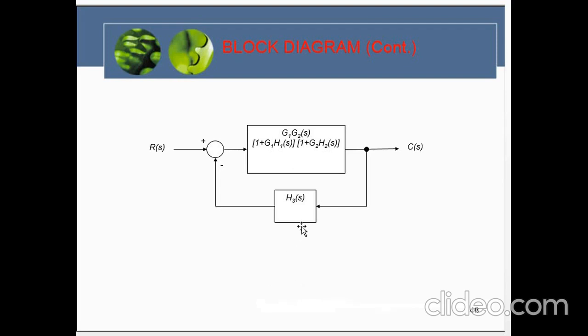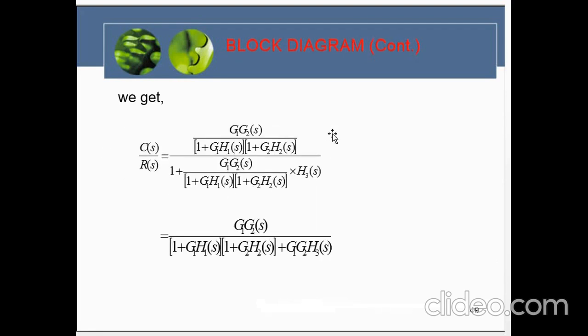Okay, it is the formula, and if we substitute, it is forward gain over 1 plus forward gain multiplied by feedback gain, and at last we get this, the transfer function.